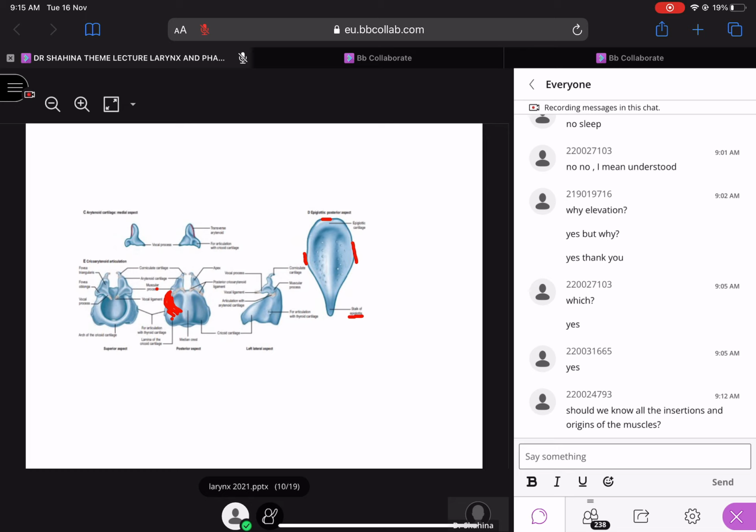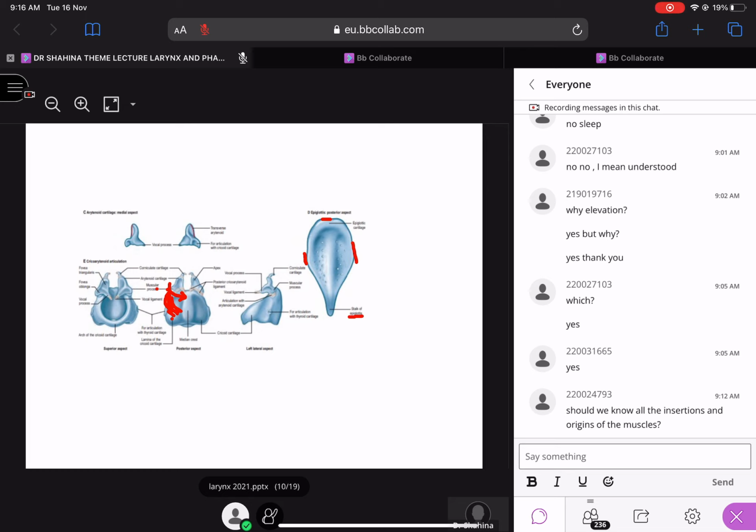When the muscle contracts, its point of insertion will move. When this muscle contracts, this muscular process will be pulled medially in this direction. Got it, guys?